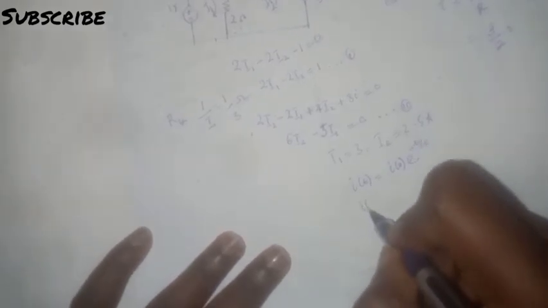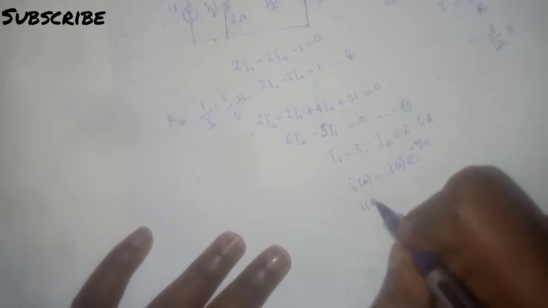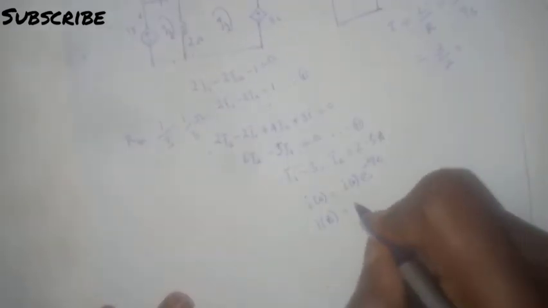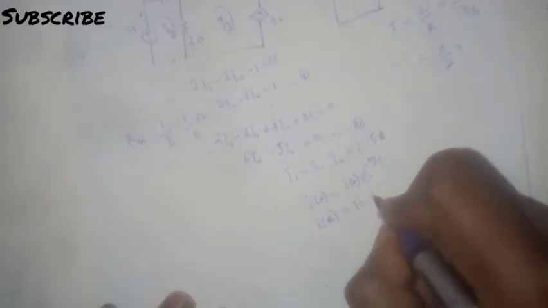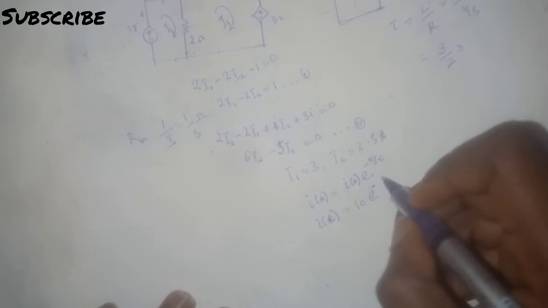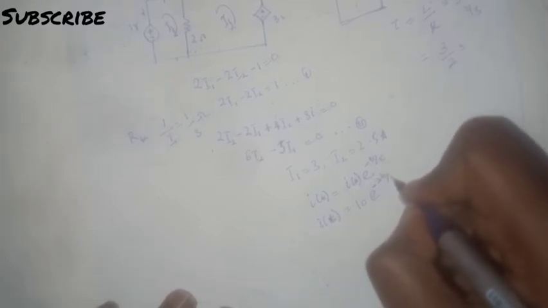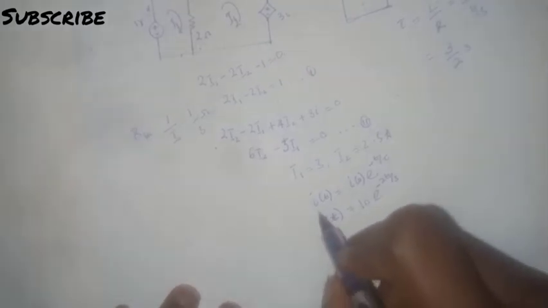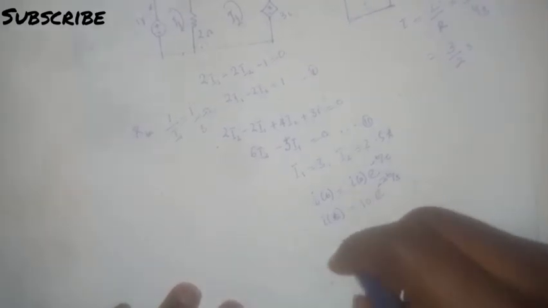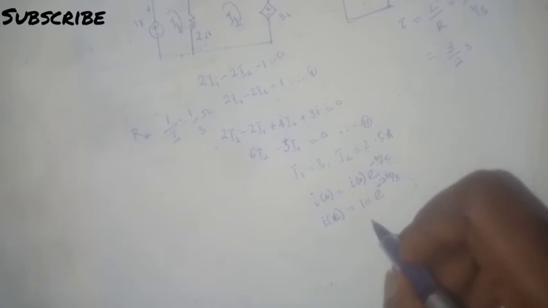So this infers that, with I naught being 10 amperes, i(t) is equal to 10 e raised to power minus 2t over 3. We know that this is the value for i(t).